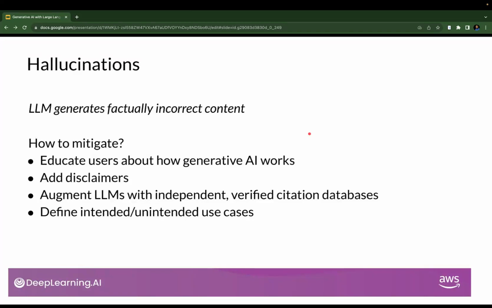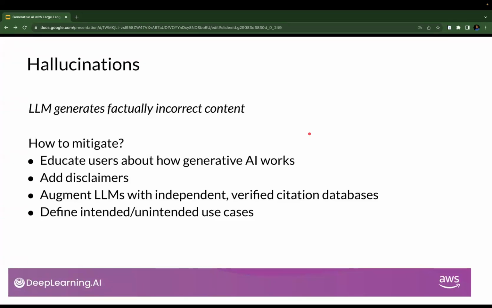Hallucination is where the LLM generates incorrect information, thinking itself that it is correct. In order to combat or minimize that, first of all, we need to educate users about how generative AI works. It may not always be 100% correct. It's your helper, but it's not something you can trust every time. Better to add disclaimers.